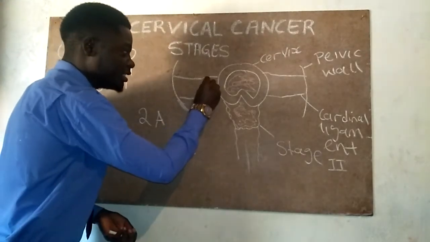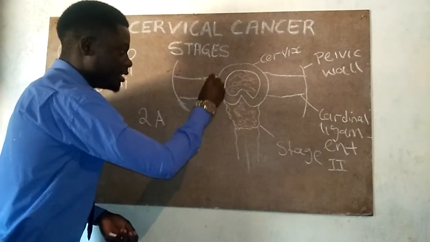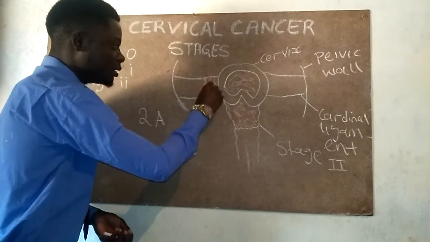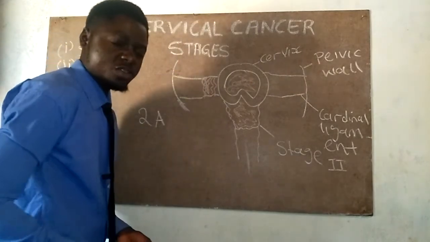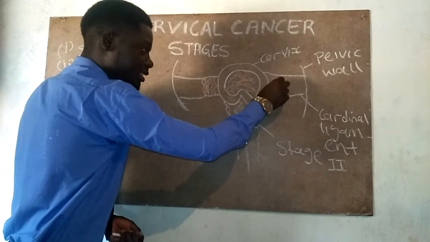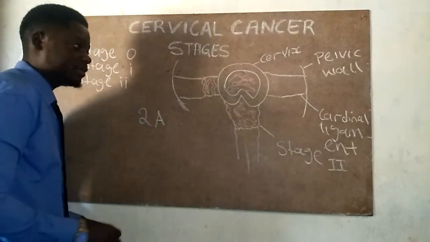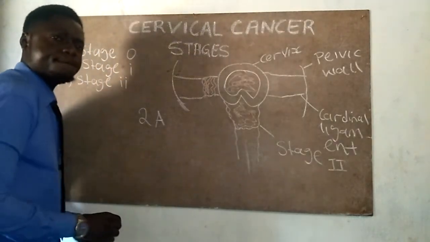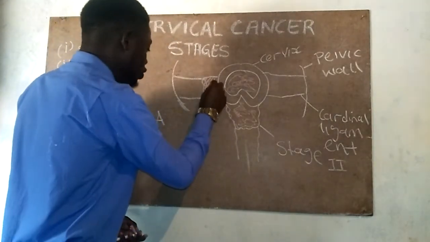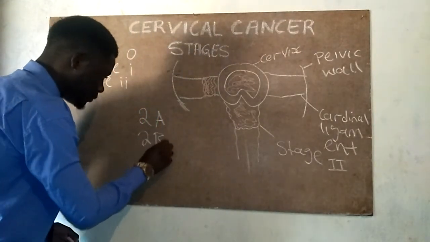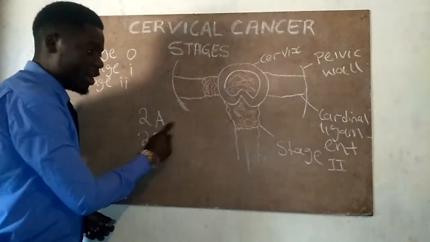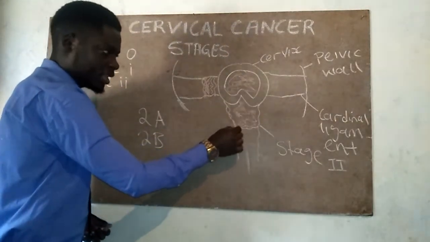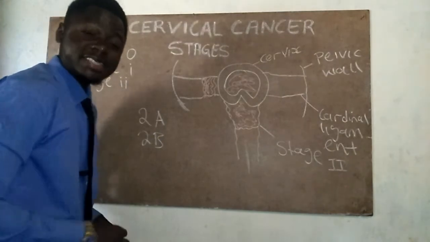Once it invades this side, the lateral walls of the ligaments, not reaching the pelvic walls, even this side, even here it's the same. So this is stage 2B. Stage 2A, stage 2B.